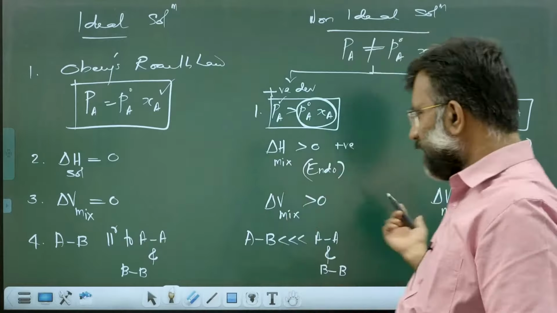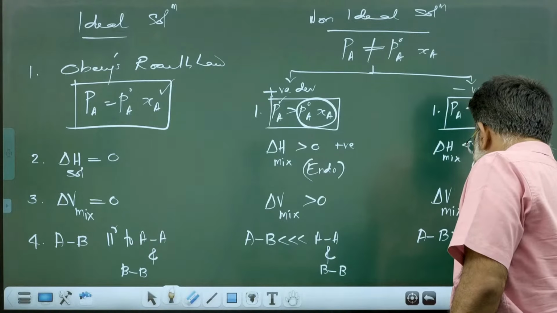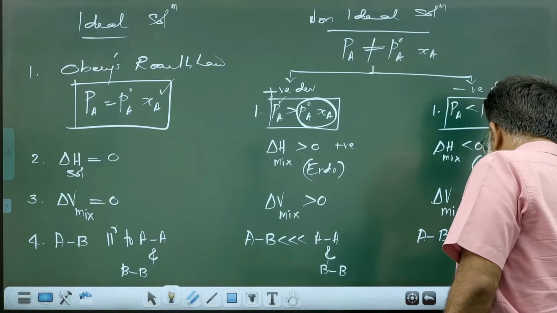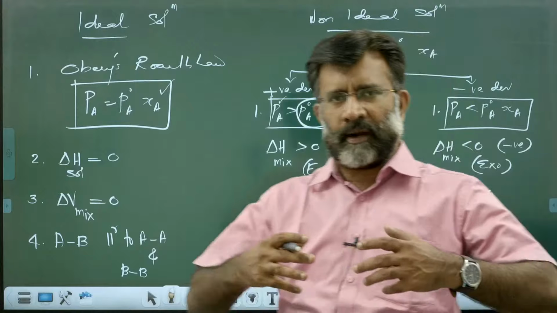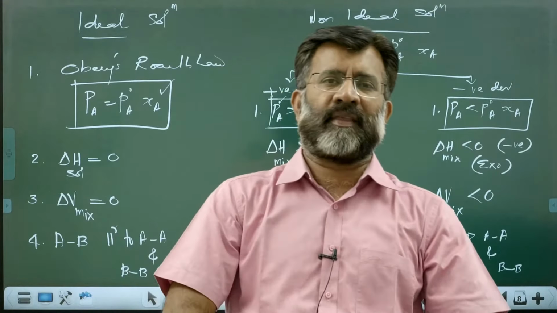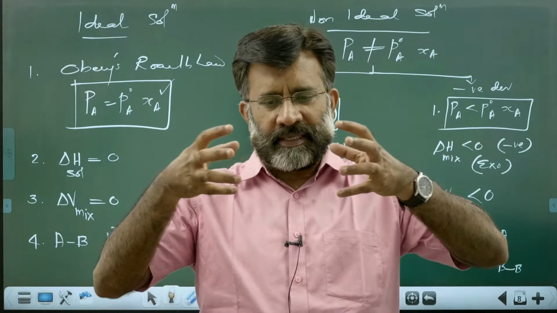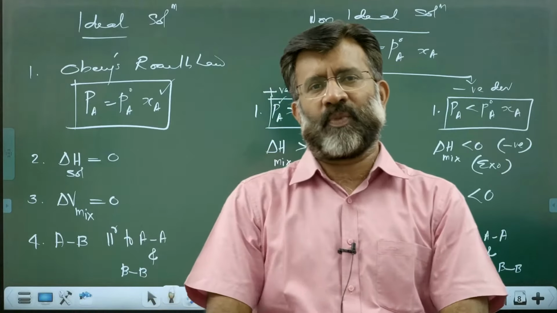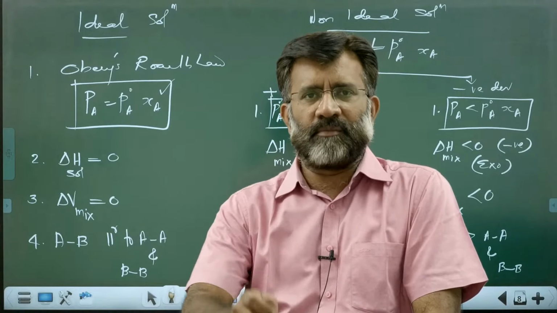What about negative deviation? Just opposite. AB interaction is much greater than AA and BB interaction. After mixing, molecular attraction increases. Before mixing, molecules were far apart. After mixing, they come very close. So after mixing, attractive force increases. A strong bond is formed.